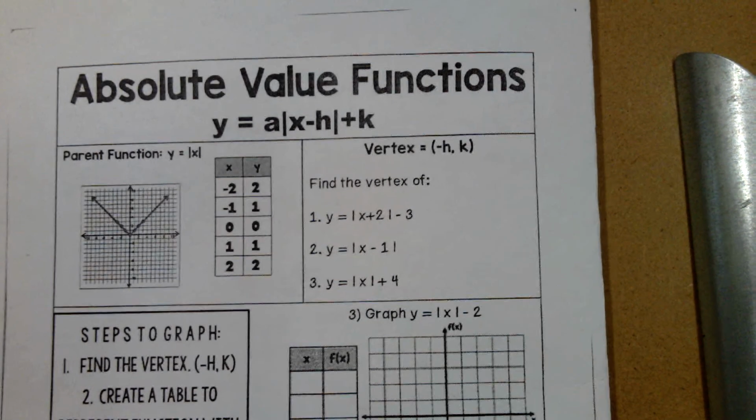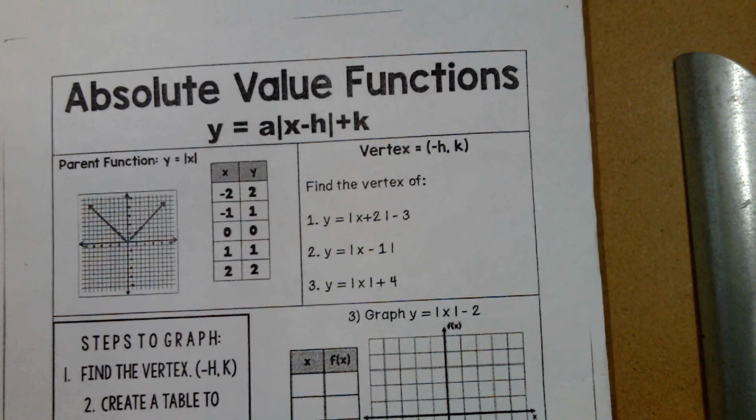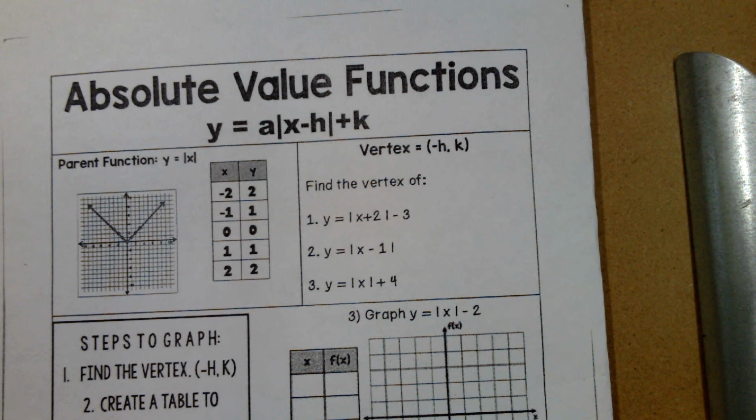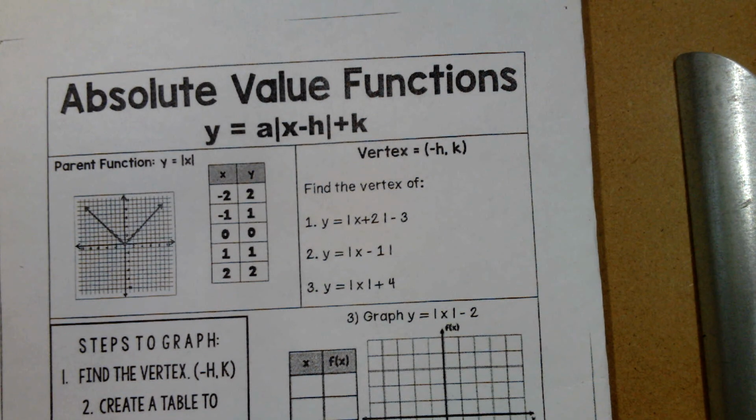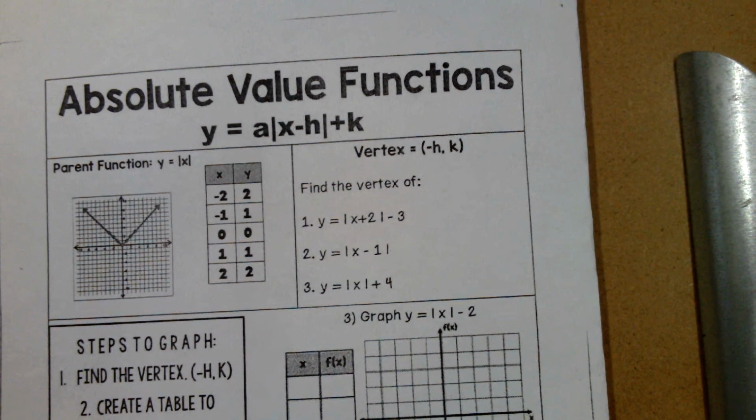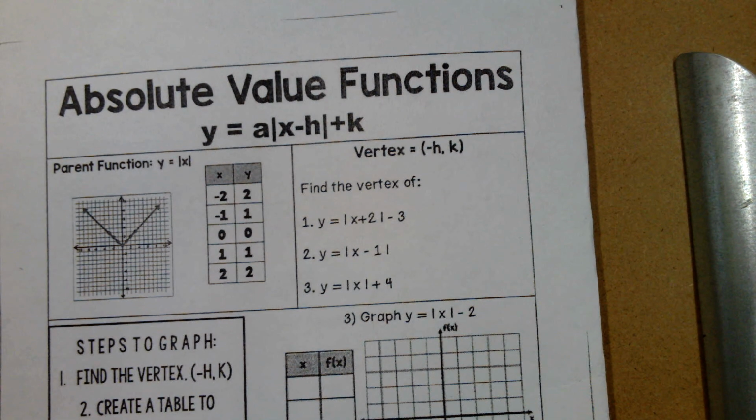Alrighty. So we have absolute value functions, and pretty much any function involving absolute values that we're going to graph is going to be in this format. Okay, and so we have a few values we want to keep track of.